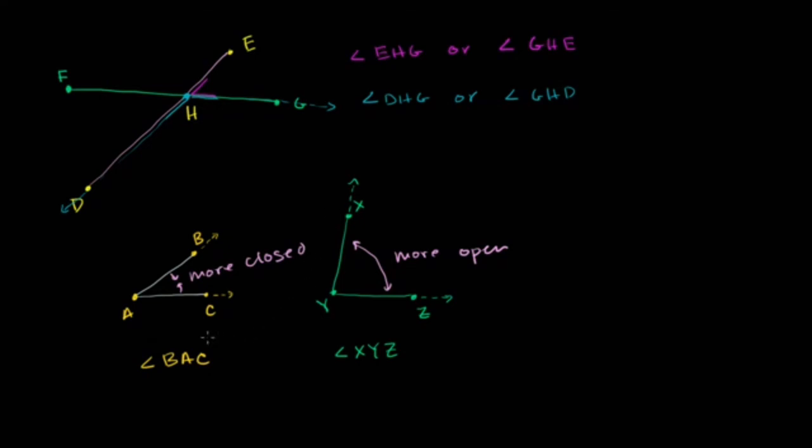Without even telling you how we measure an angle, you could say that the measure of angle XYZ is greater than the measure of this angle right over here. Any convention we use for measuring angles is essentially going to be a measure of how open or how closed an angle actually is. I'll take that up in the next video, where we'll see how to actually measure an angle.